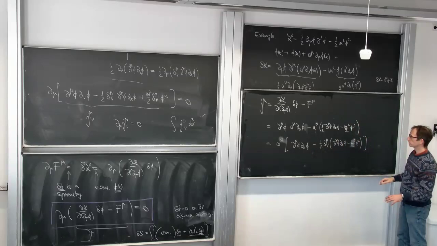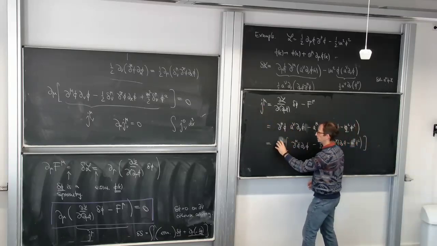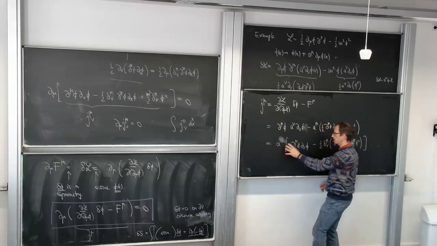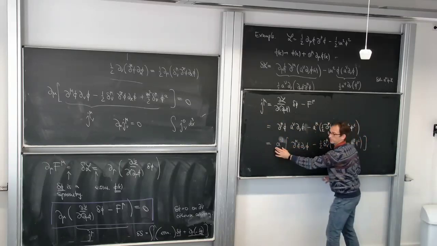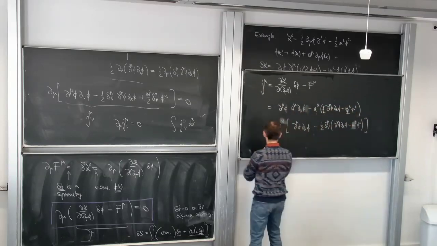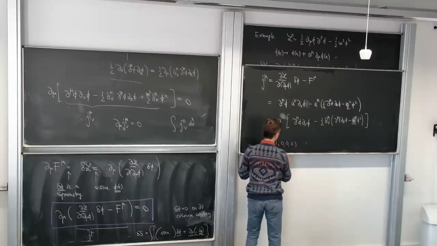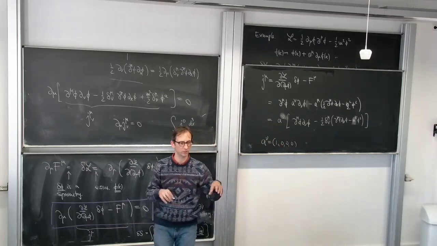And now the current that we have with this procedure is this parameter of my transformation times that thing, but this was arbitrary, right? I could have chosen anything. So I could, for example, now choose A mu to be 1, 0, 0, 0, just this first component.